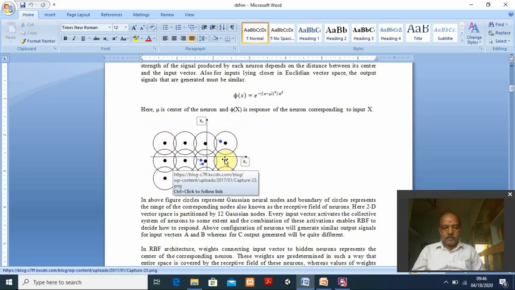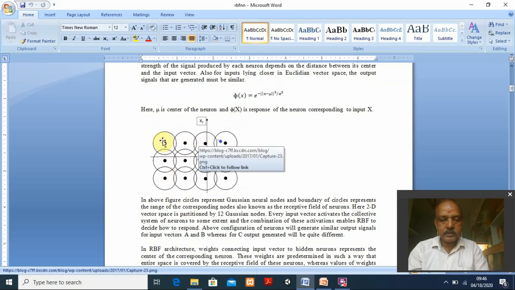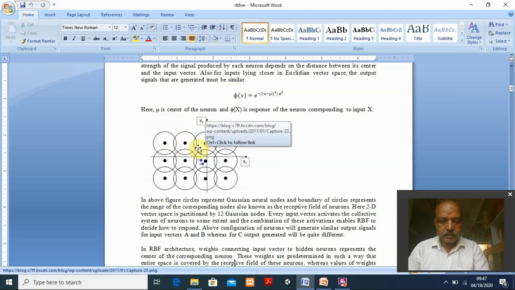These circles represent the Gaussian neural nodes. This is one node, this is the second node, third node. All these we call Gaussian neural nodes, and each circle has a circular boundary. The boundary of the circle represents the range of the corresponding node. Beyond that range the output is negligible.